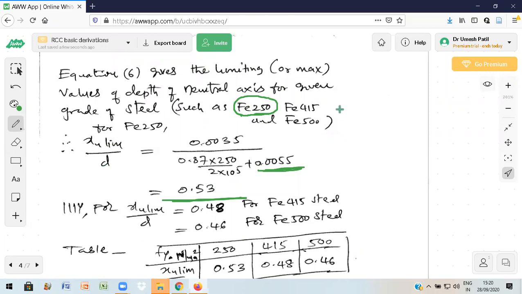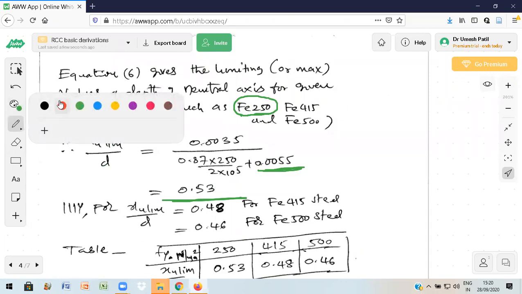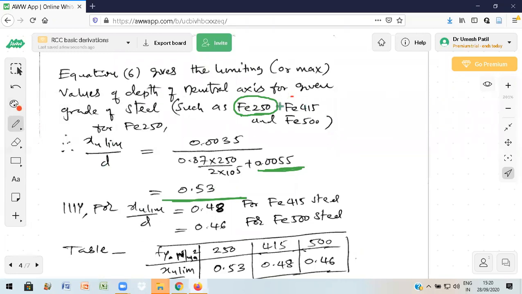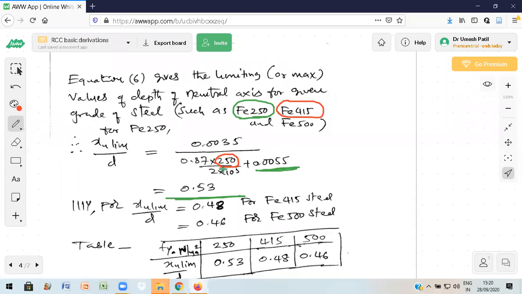Now if I use Fe415, what will happen? Here you just substitute 415. The ones commonly used are these two. Less common is 250, more common is Fe500, a little bit is 415. Practically, Fe500 is widely used nowadays.